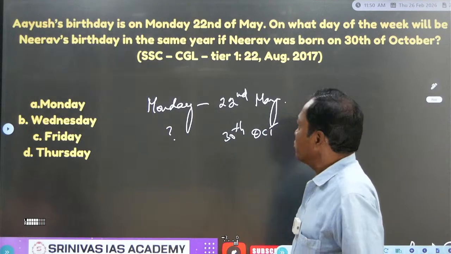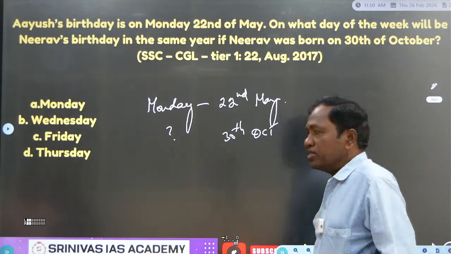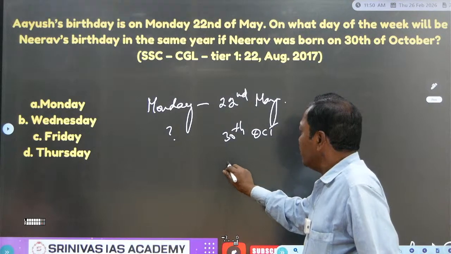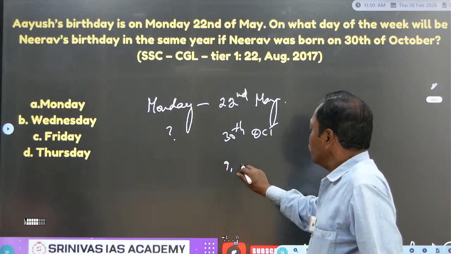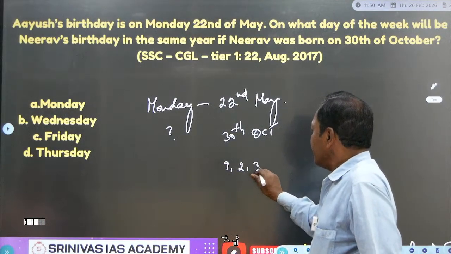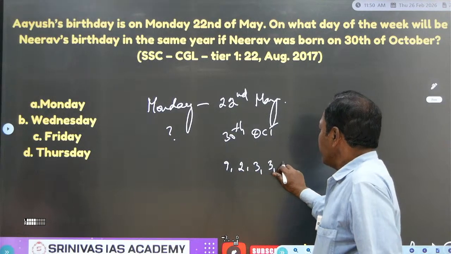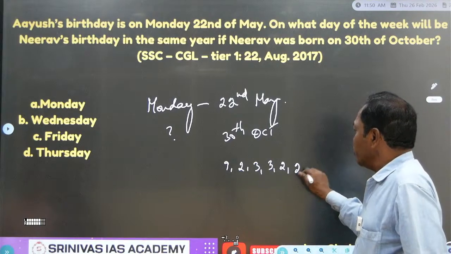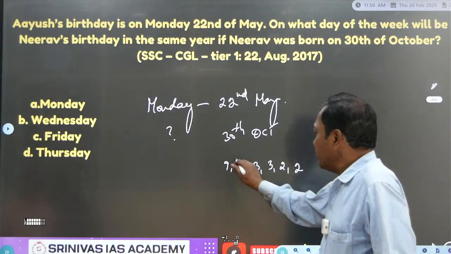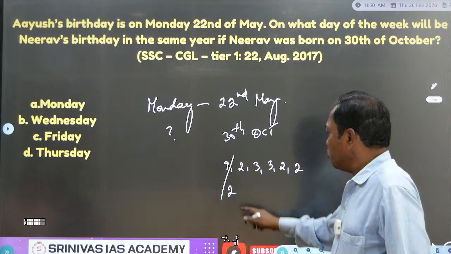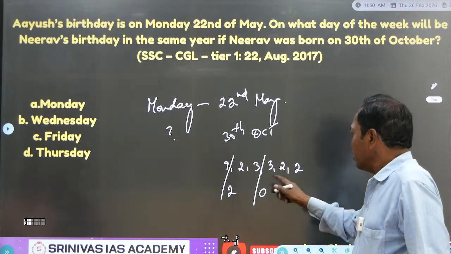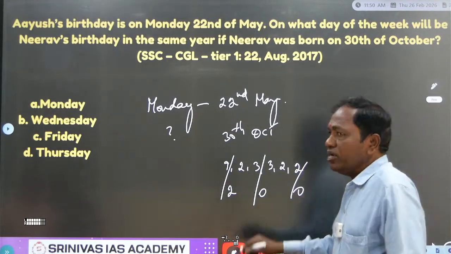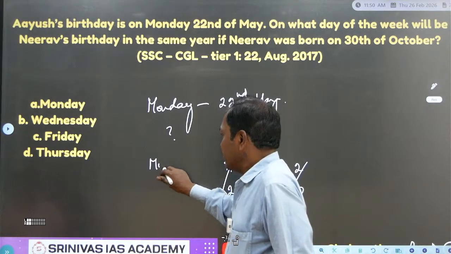May to October you have to travel. May is the month of 31 days. After 22, 9 days. Yes. May, June 2, July 3, August 3, September 2, October 30, means 30 by 7, you can take only 2. Okay, 9 by 7, remainder is 2, 2 plus 2, 4, 4 by 7... it means it falls on Monday. That's right.